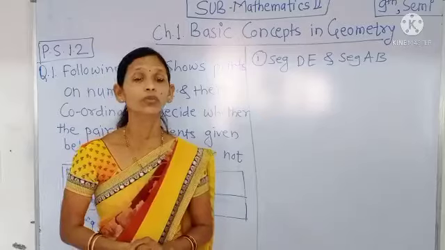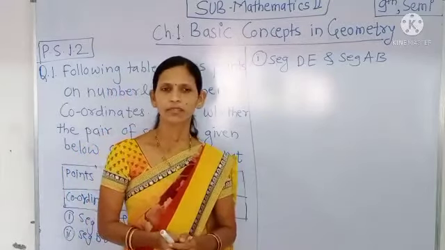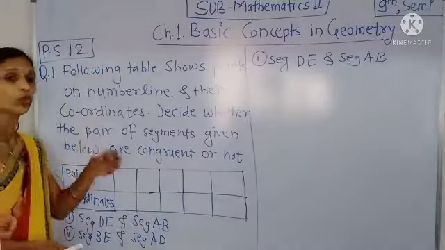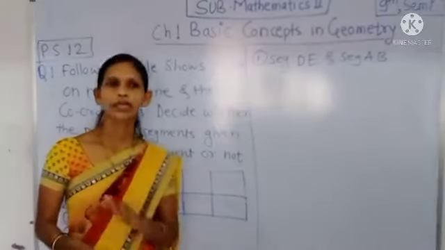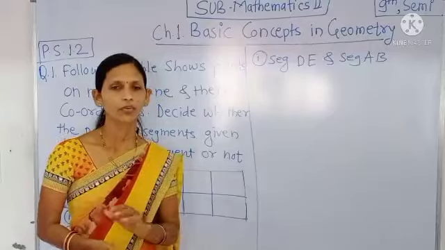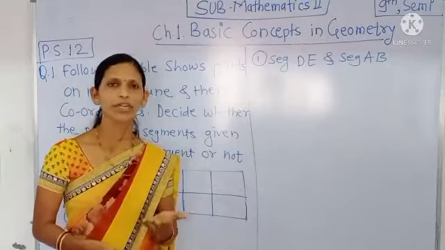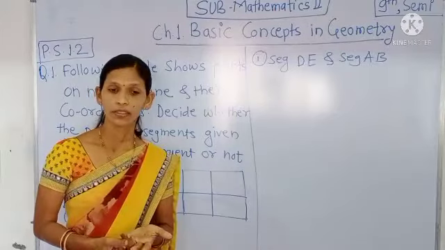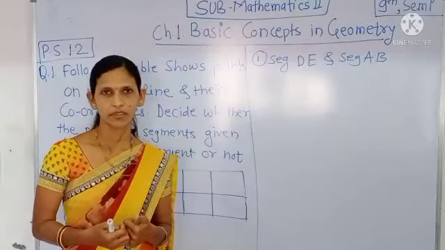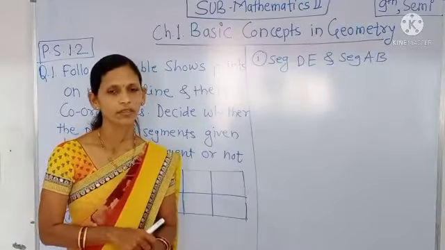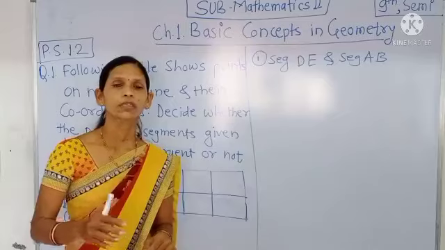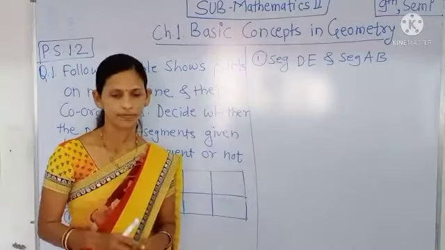Today we are going to solve a few examples from practice set 1.2, which is based on all those concepts, that is the property of congruent segments, midpoint of a segment, perpendicular lines, perpendicular segments, perpendicular rays, and the distance of a point which is outside the segment from that given segment, or the distance of a point from a line which is outside that line.